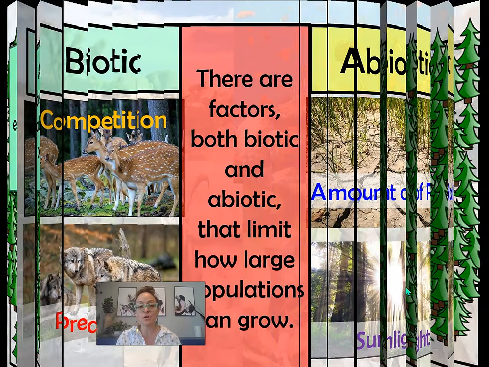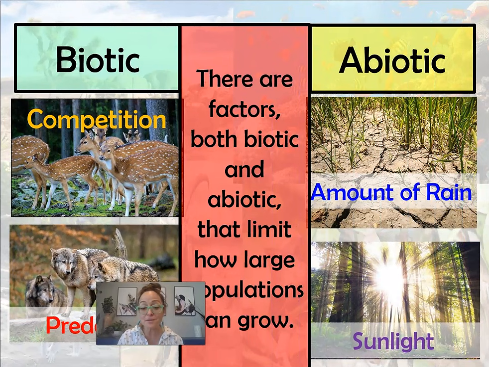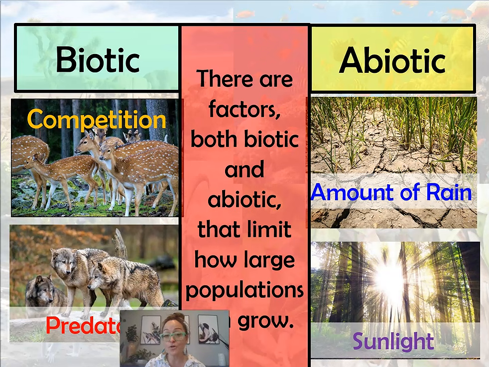Okay, so if we think about what happens as populations grow and grow and grow, you're going to get way more intense competition between individuals of the same population. And that's going to lead to natural selection as well. But you also have predators. As your population increases, it makes it easier for predators to find you.